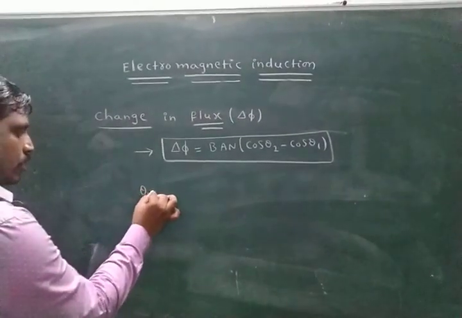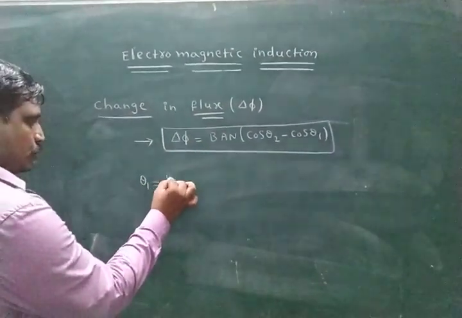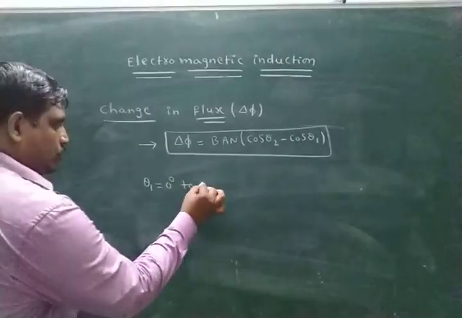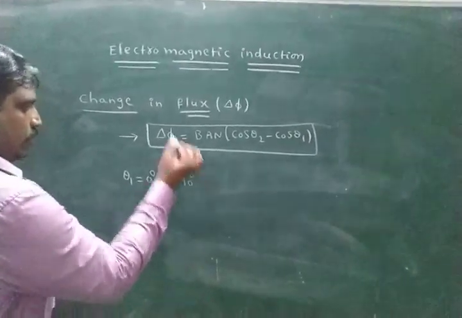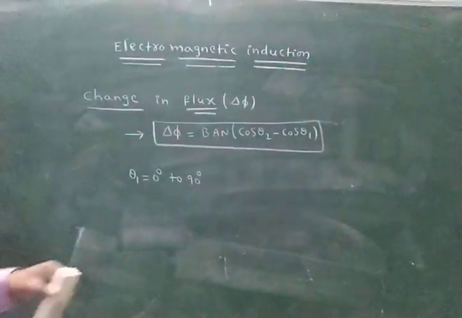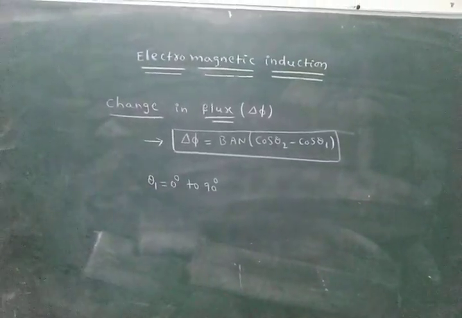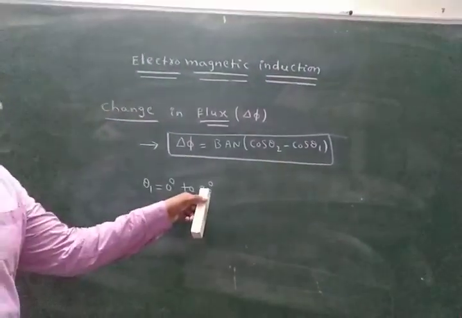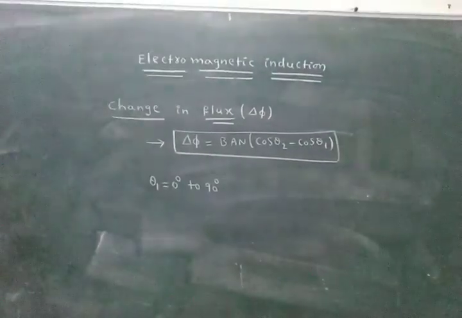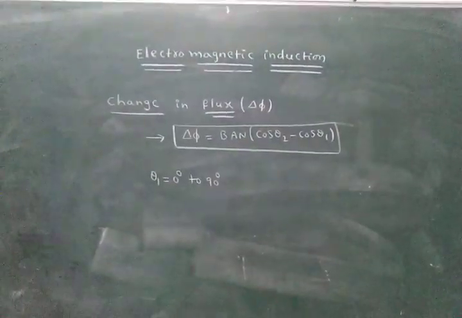Here, the coil rotated, suppose from 0 degrees to 90 degrees. That means the initial angle between B and A is 0, and the final angle between B and A is 90 degrees.